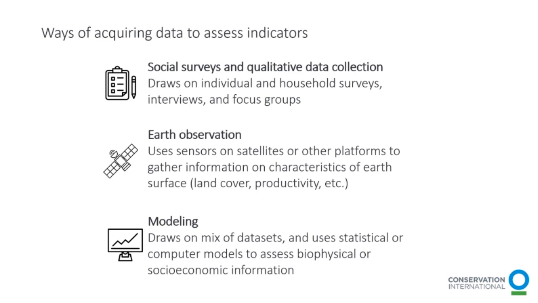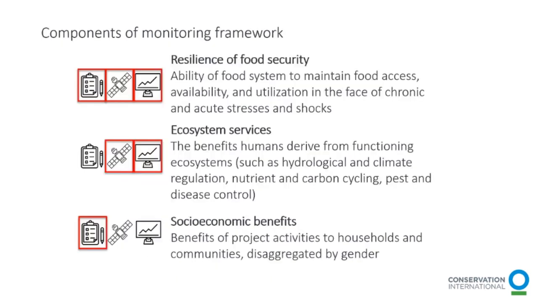So this separation is somewhat artificial, but I think it's useful just to give a general idea of the range of ways in which information might be acquired in order to actually populate some of the indicators that I'll discuss in a moment. So if we come back to those components of a monitoring framework that I talked about before, when we talk about assessing resilience of food security, all three of these means of collecting information will be useful. So surveys, Earth observation data, and also modeling.